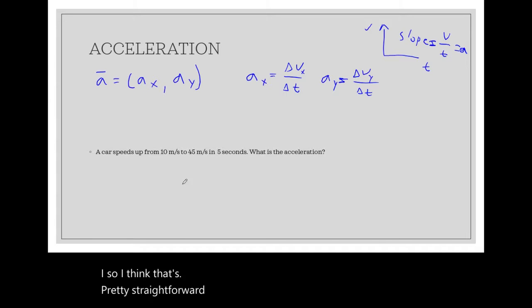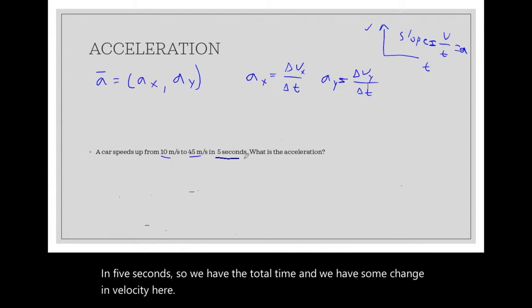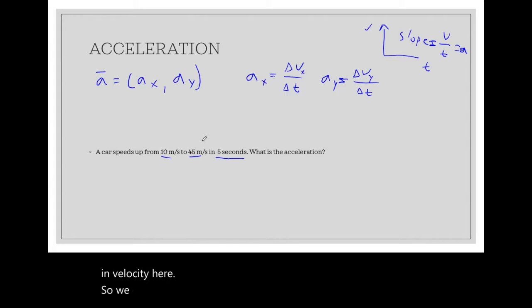So we have the total time, and we have some change in velocity here. So we can immediately jump, and we can just say this is in the x direction.